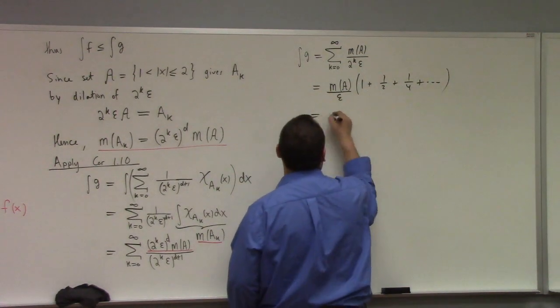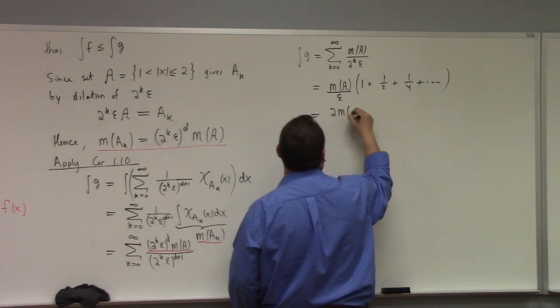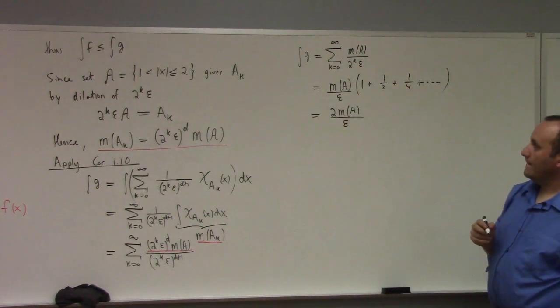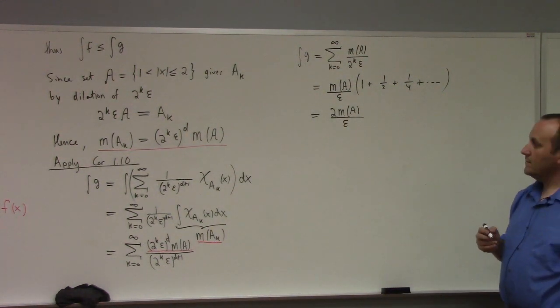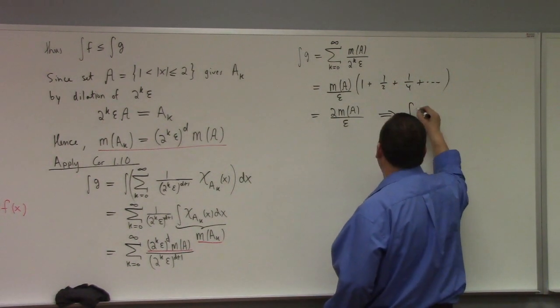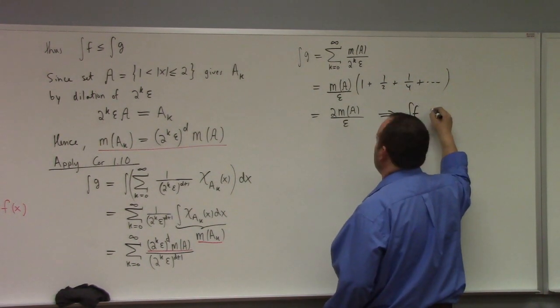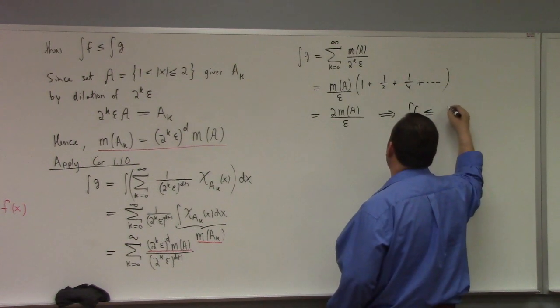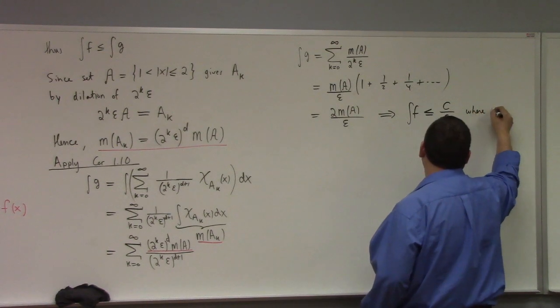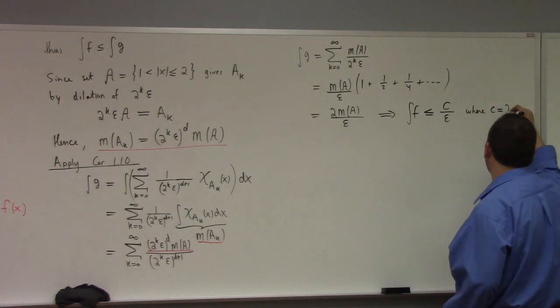So we've got 2ma over epsilon. And so in other words, the integral of f is less than or equal to c over epsilon, where c is equal to 2ma.